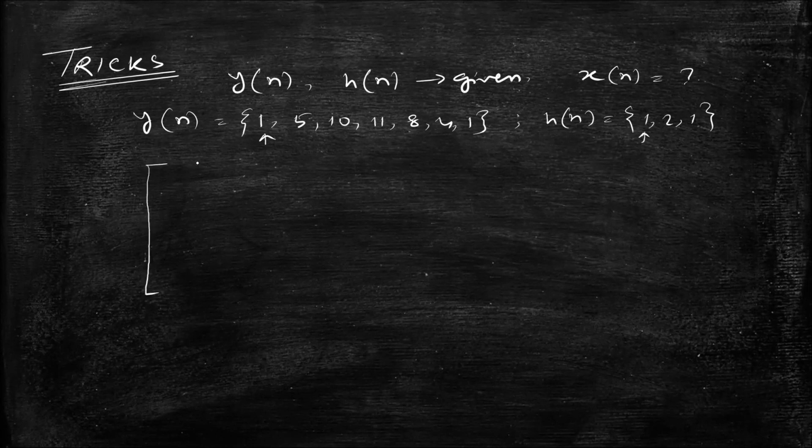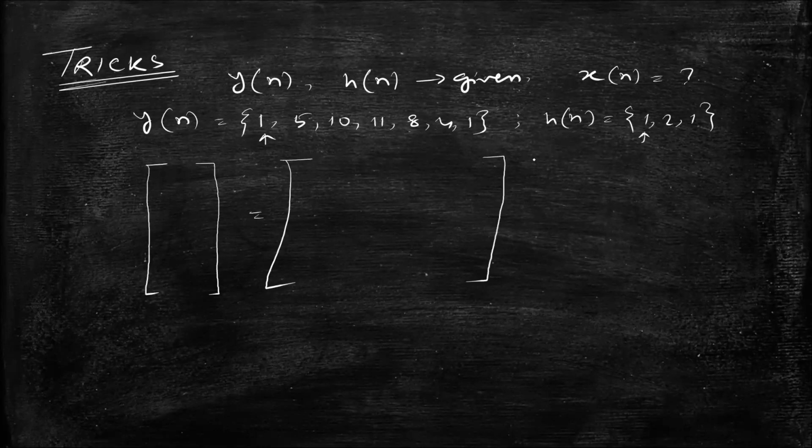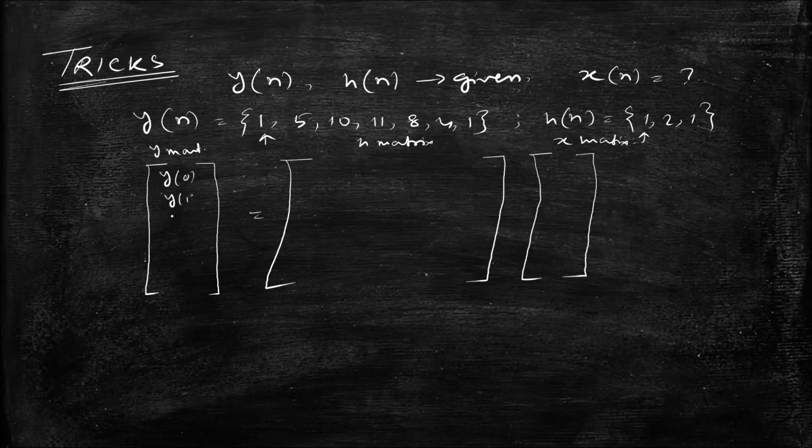This is the y matrix, this is the h matrix, and this is the x matrix. And you have to write y of 0, y of 1, y of 2, and so on.